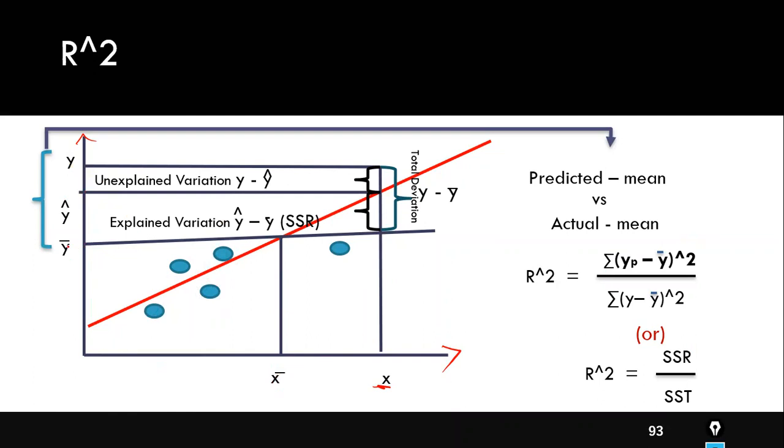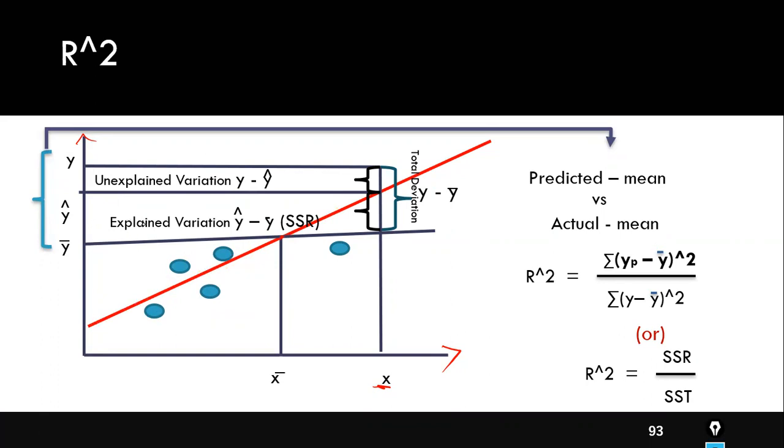This is my y bar, the average value of y, and this is the average value of x. Where they intersect is where the best fit line emanates. The best fit line goes through this intersection point.